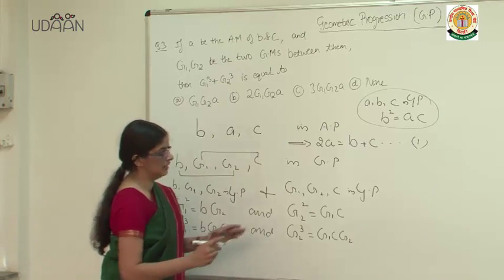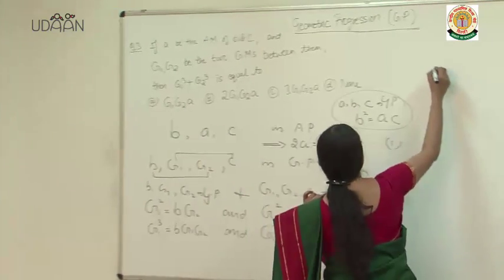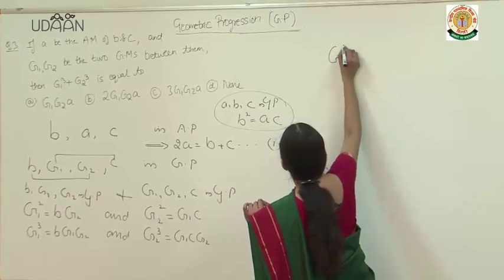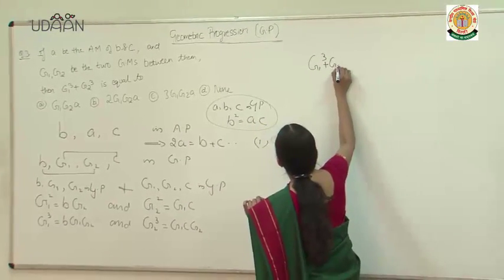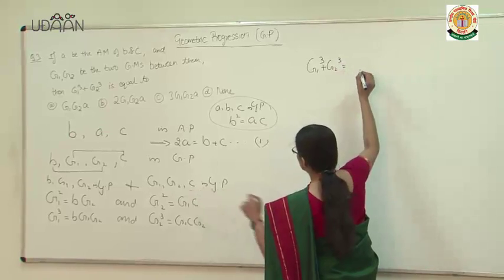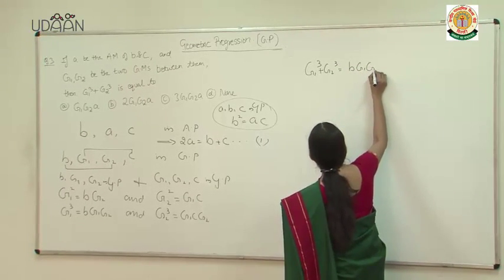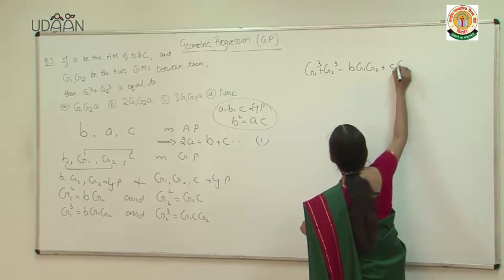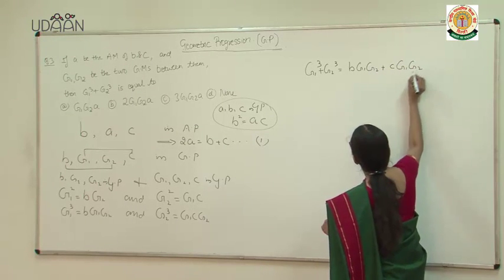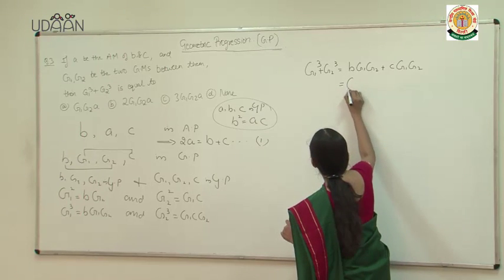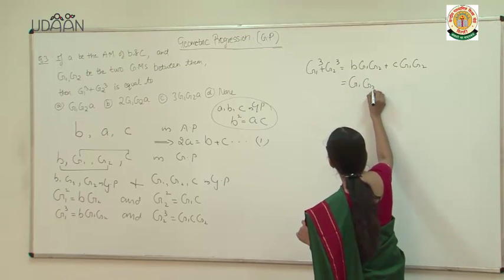Adding these two relations, let's do the calculations here. We need G1 cube plus G2 cube, which is equal to B times G1 G2 plus C times G1 G2, from which I can take G1 G2 out.